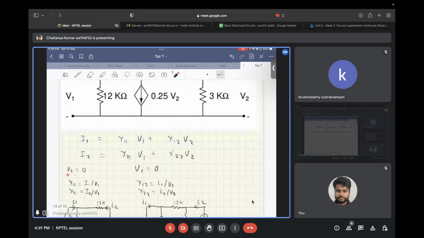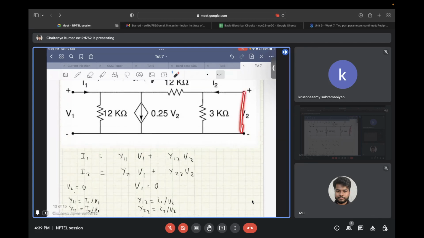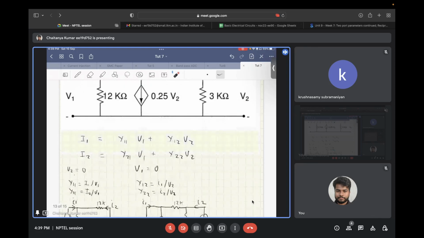If we put V2 equal to 0, that is, we short circuit this node. In the previous case, we were open circuiting the ports. For finding Y parameters, we short circuit the port so that the voltage developed across it becomes 0.